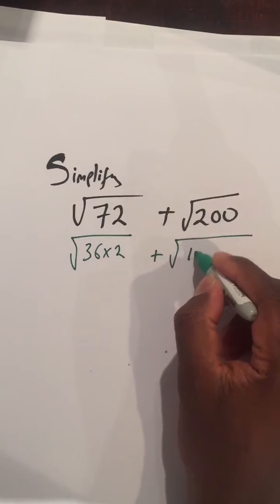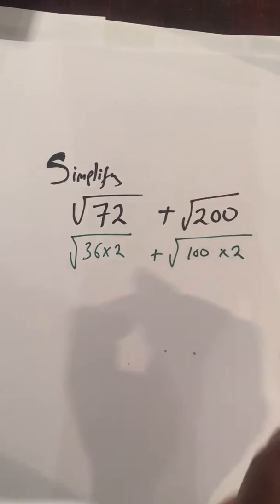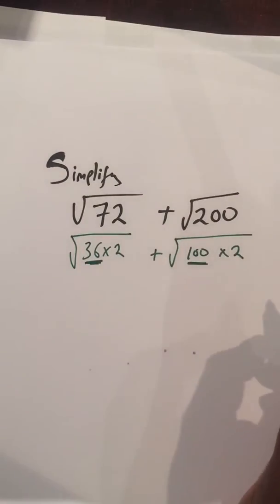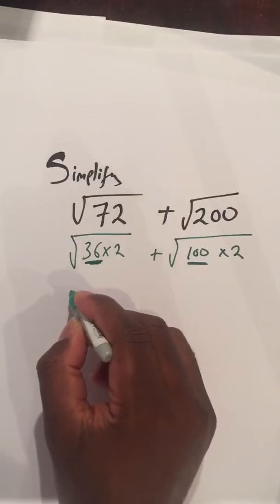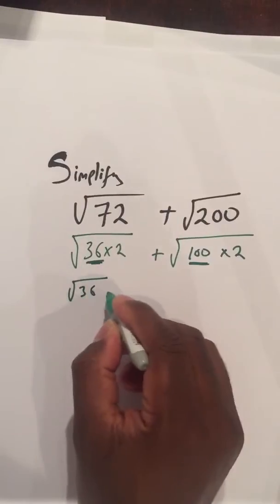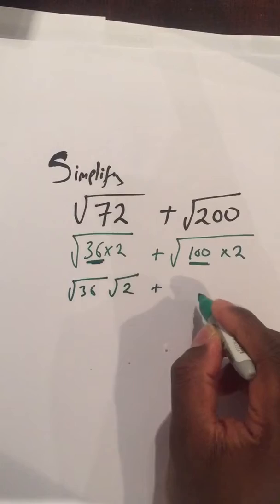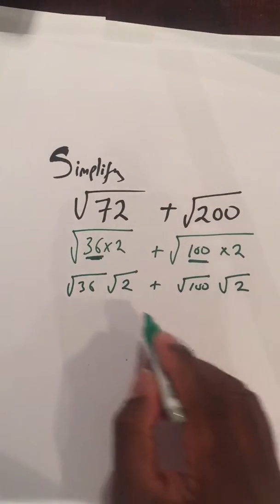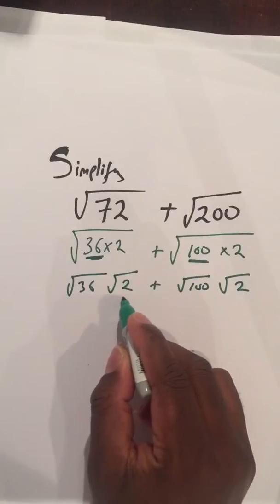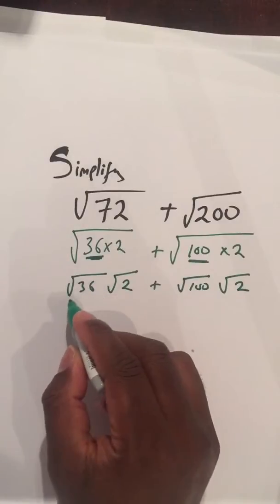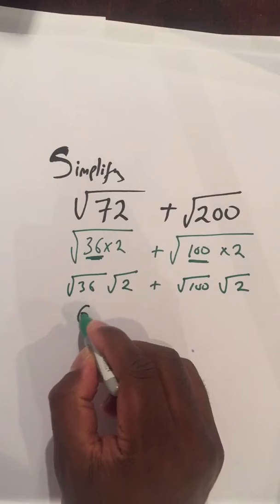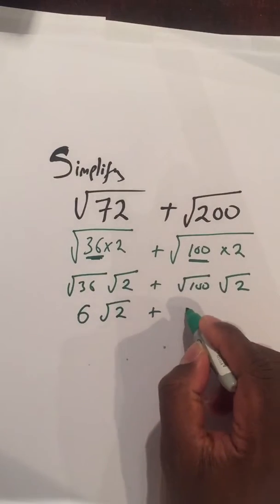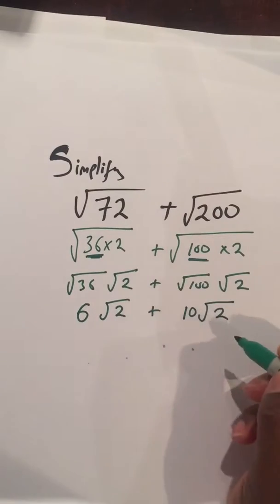It comes from 100 times 2. Notice that 36 is a square number, and 100 is also a square number. So this means square root 36 times square root 2 plus square root 100 times square root 2. No one knows what to do with root 2, but of course we know the square root of 36 is just 6, so that's 6 root 2. And the square root of 100 is just 10, so that's 10 root 2.